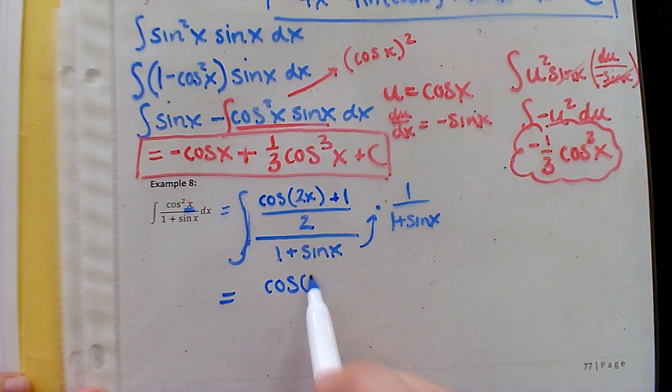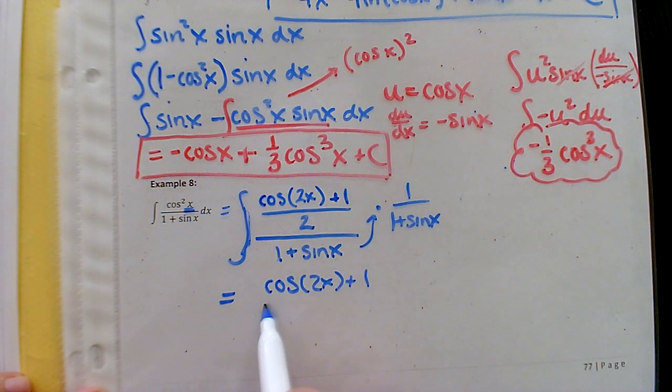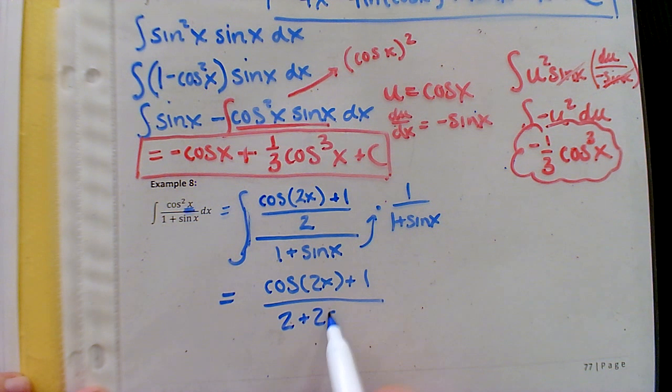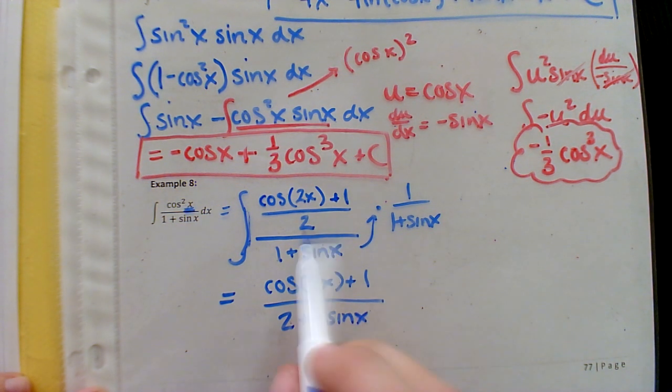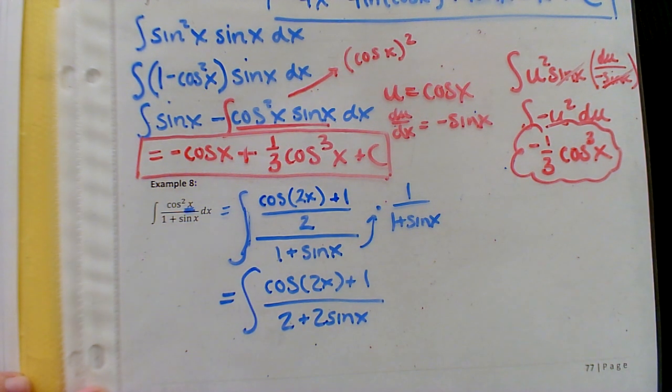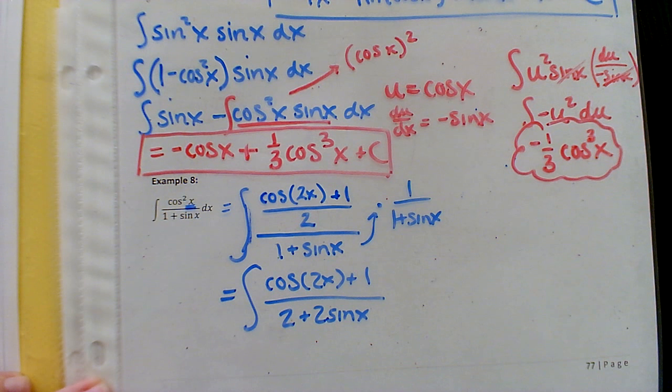So let's see, cosine of 2x plus 1 all over 2 plus 2 sine of x if we multiply the denominators together. Where do you want to go from there?